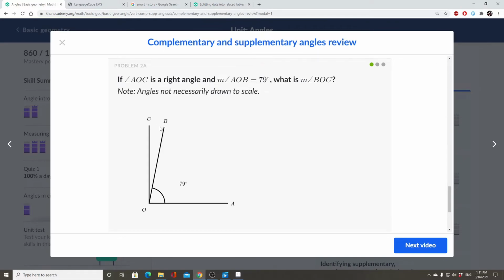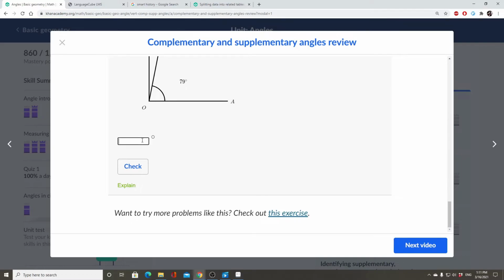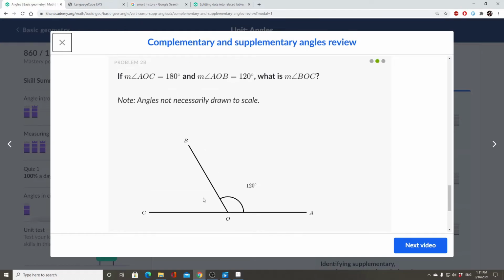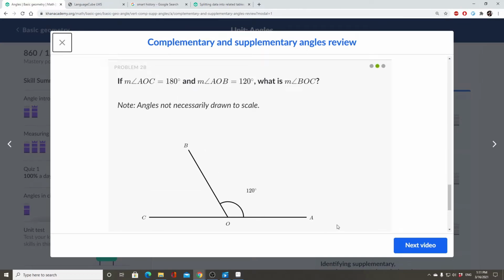AOB is 79. So we have to figure out the difference here. That'd be like 90 minus 79, right? That's pretty easy, right? Just like 11 degrees. Is that 11 degrees? Yes, it is. Okay, great.